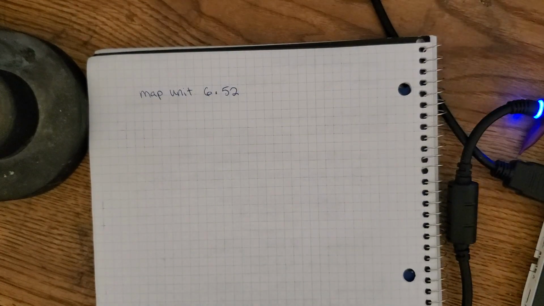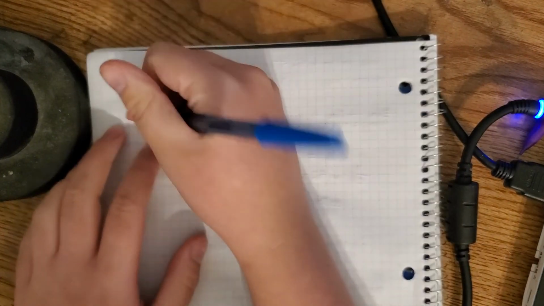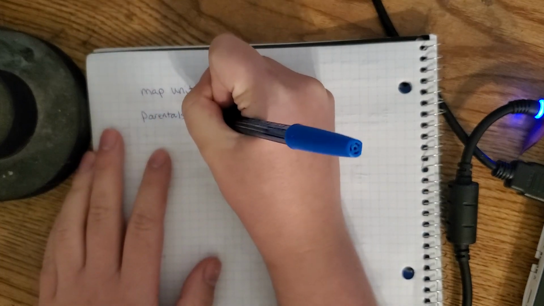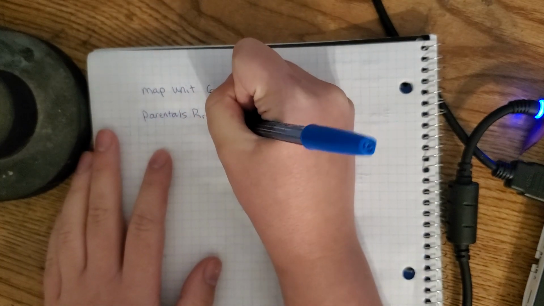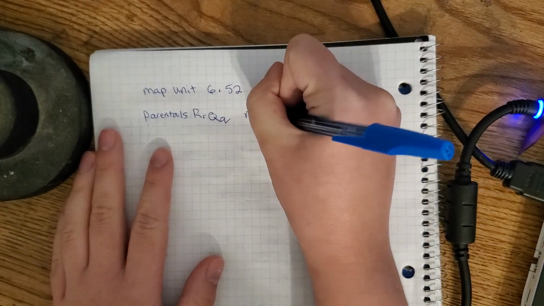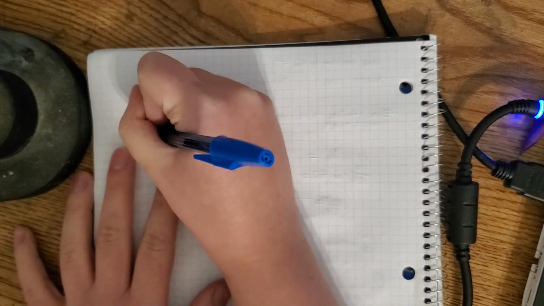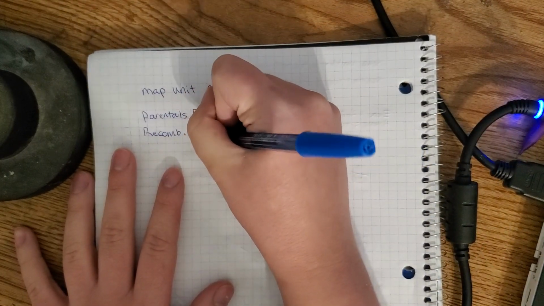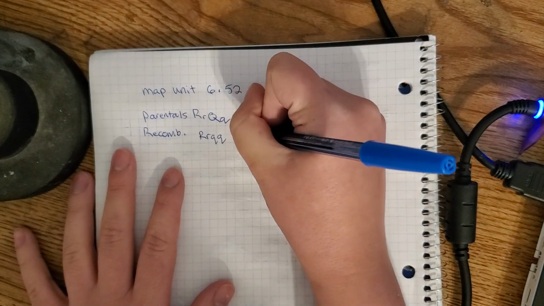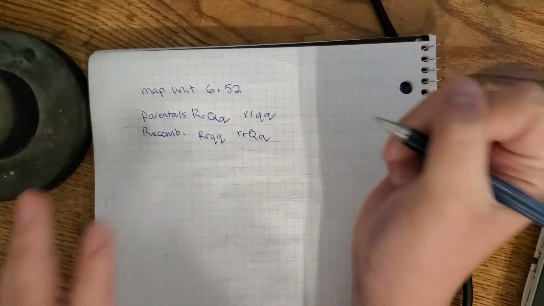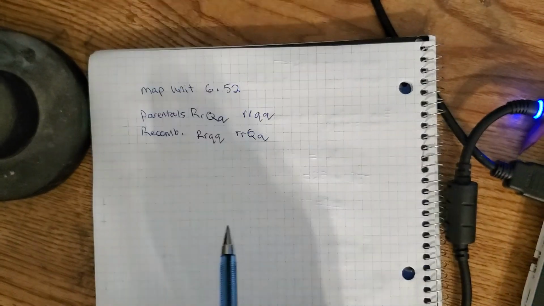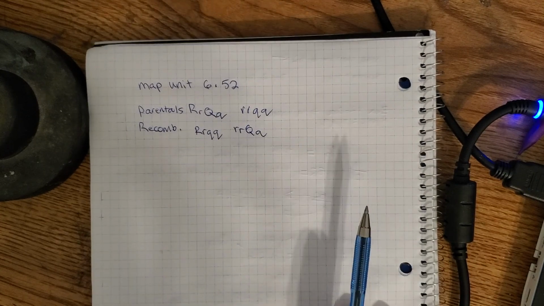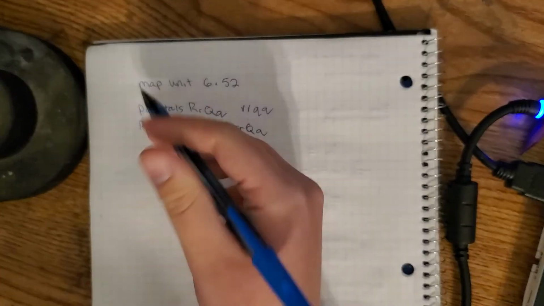And assuming you've already gotten the parentals, which are our QQ, as well as that one, and the recombinants, which are those and that one, we need to figure out how to get the map units into a genotypic ratio here.